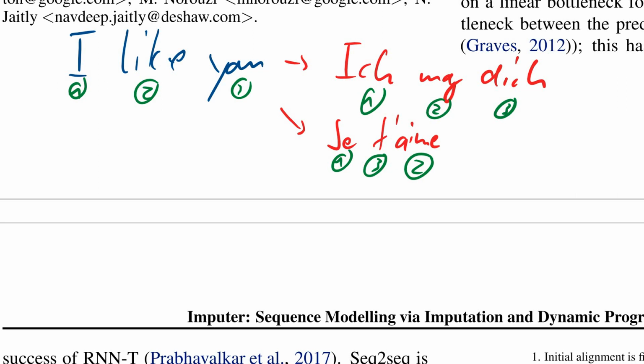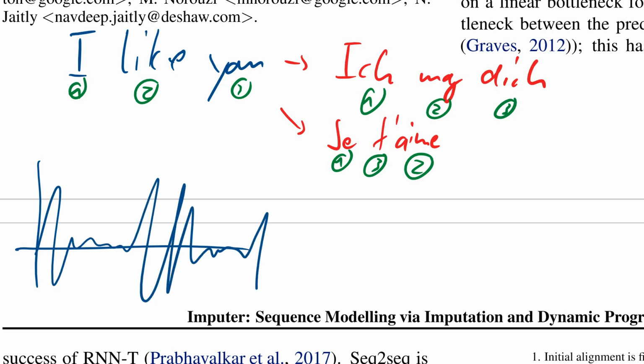A different task where the Imputer would be useful would be something like speech recognition. So if someone were to speak the words I like you, and you would measure the waveform of that, it would look something like this. Right? So if you have this waveform, let's make some chunk samples out of this.